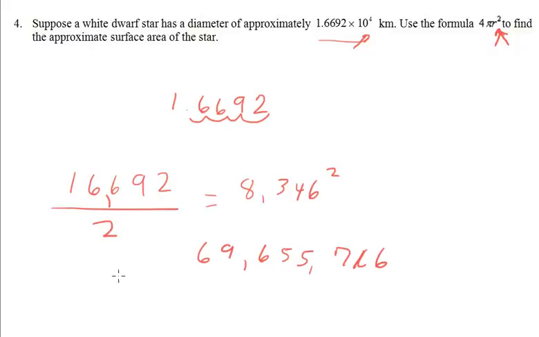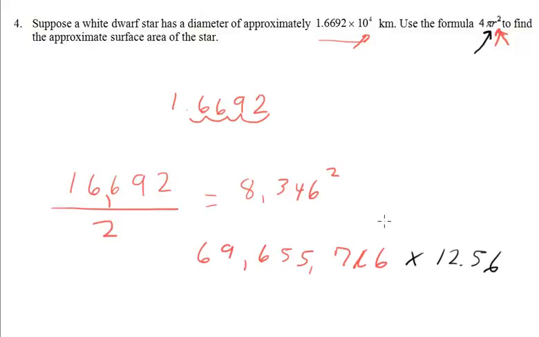And then it says to multiply that times 4 times pi, which is 3.14 times 4, which is 12.56.